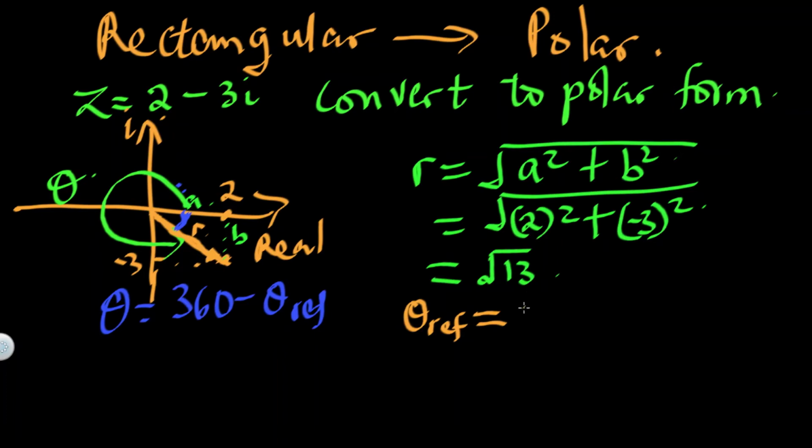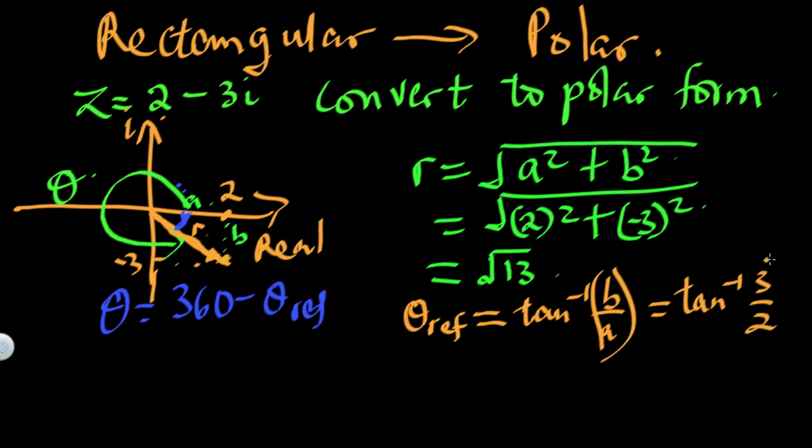Now theta ref is the arctan of B over A. Our B in this case is minus 3, but we don't care about the sign of B. We just use 3, so it is the arctan of 3 over 2. Don't worry about the sign of your A and your B. Just use positive numbers.